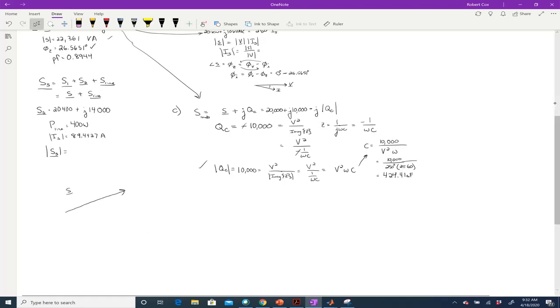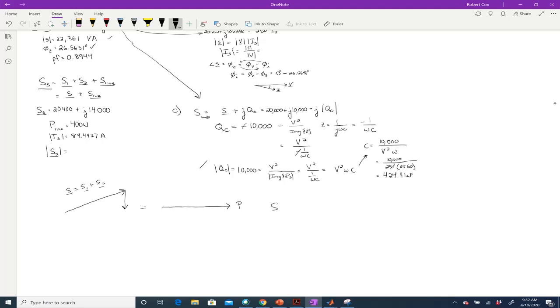With this particular capacitor, I have S equal to S1 plus S2, which points upward like this. Now I have some capacitor that has some Q value, which is downward this much, so that the total summation of those two things is simply P. So I just turned it into a P value.